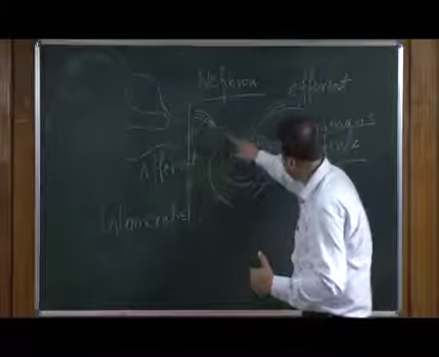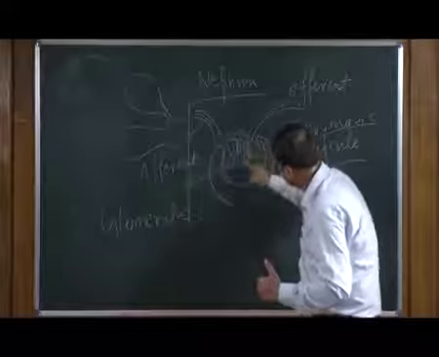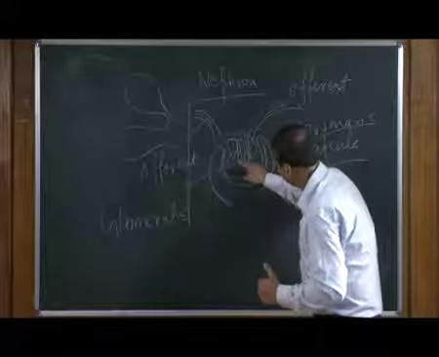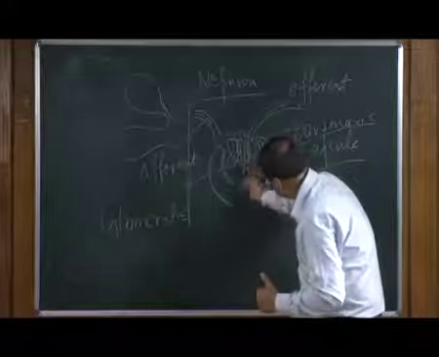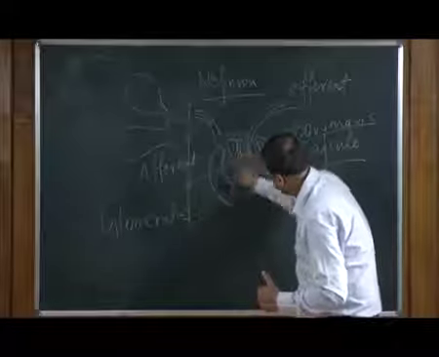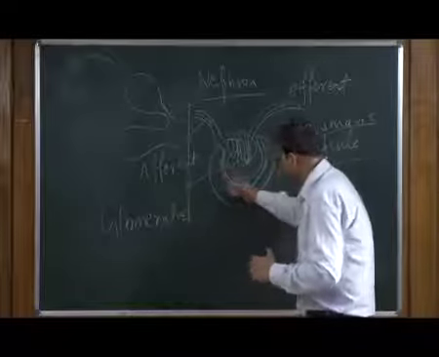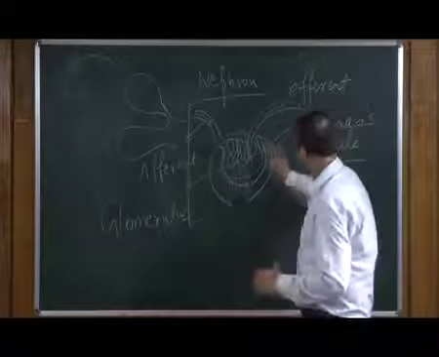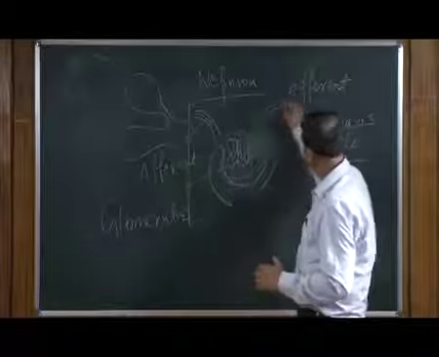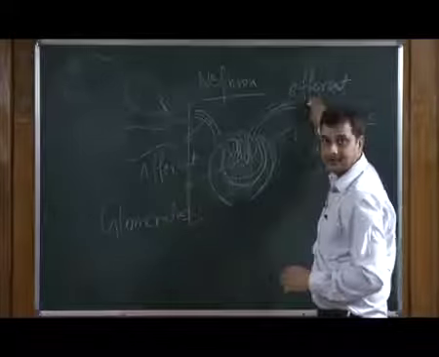Blood is coming and passing through this meshwork called the glomerulus, and filtering happens here. The unwanted water, containing salts and everything, is filtered out through the Bowman's capsule, and the filtered blood goes out by the efferent duct.